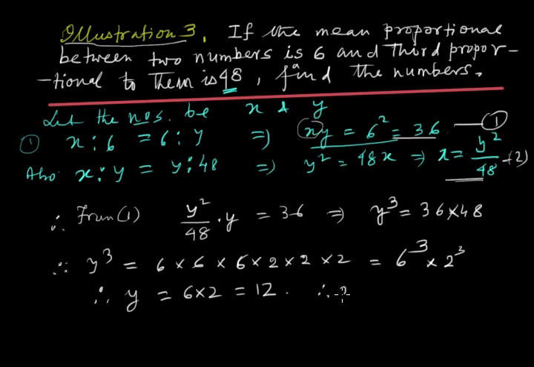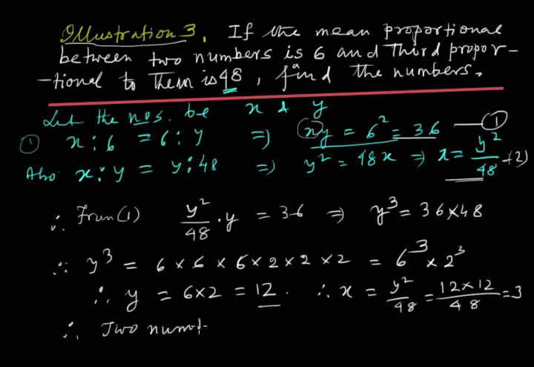Therefore, x is equal to y square by 48. If we put the value of y as 12, 12 into 12 over 48, simplifying, you get 3. Therefore, the two numbers are 3 and 12.